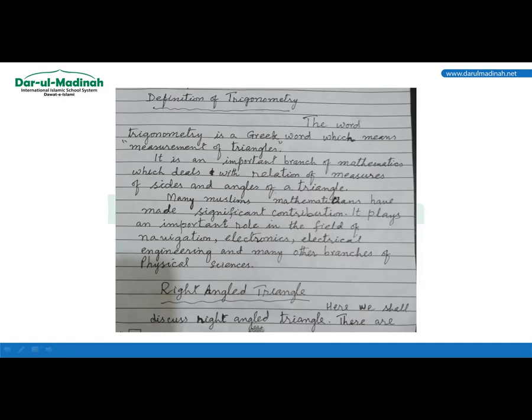I hope that you know very well because we have studied it in geometry. Can you tell me the definition of right angle triangle? Yes. A triangle which has one right angle is called a right angle triangle.